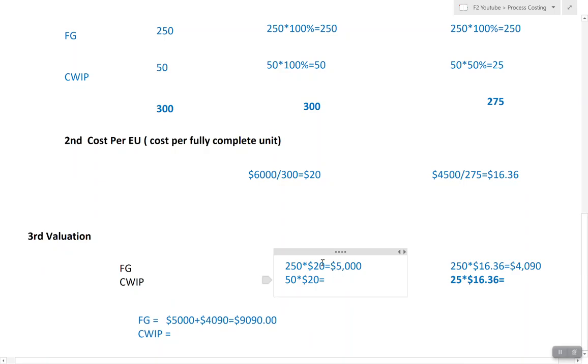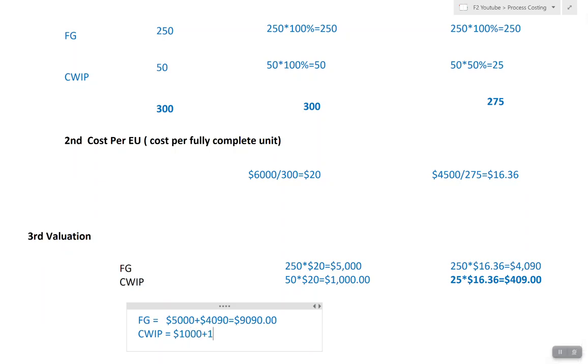Now let's look at closing work in progress. For material, they were 50 units, but for conversion, they were only 25 equivalent units. And when we add it together, let's round it off. We have 1,000 plus, I will take that as 410.